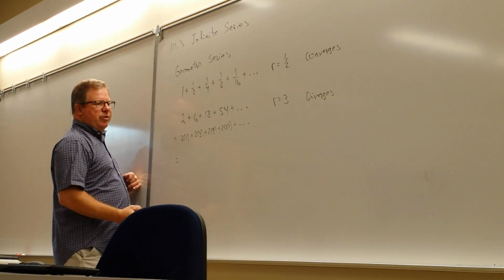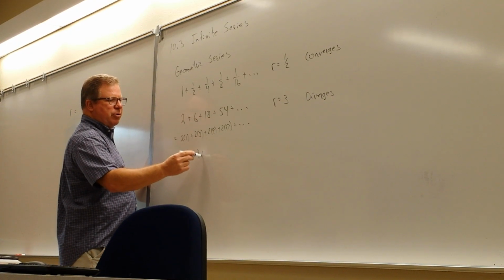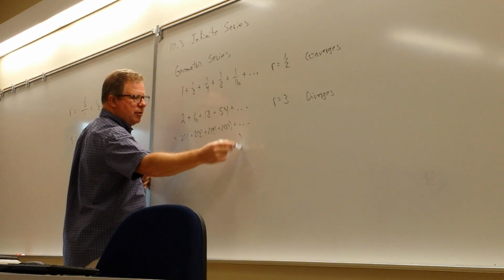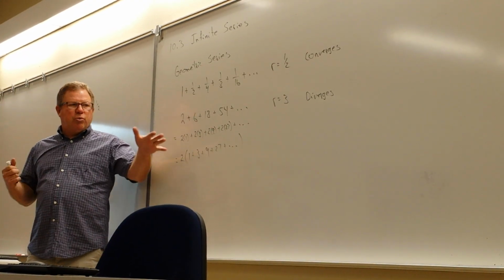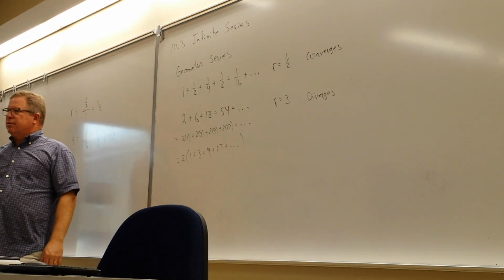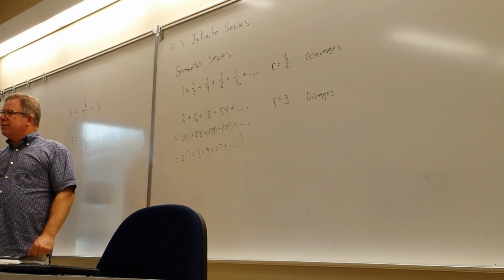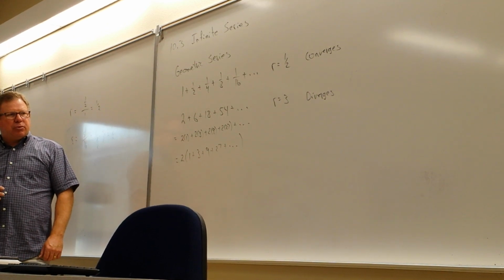So that is like 2 times 1 plus 3 plus 9 plus 27. Right? We can, if we want to, factor a 2 out. Sometimes we don't want to, even though we can. And that's going to be the case with one of the telescoping examples.